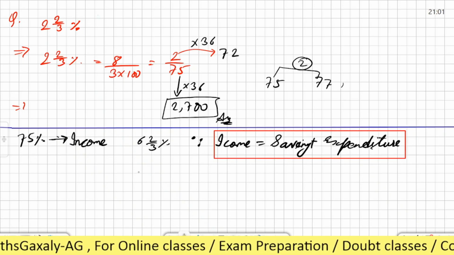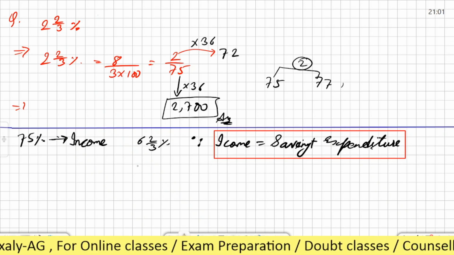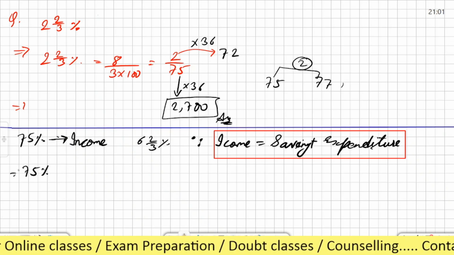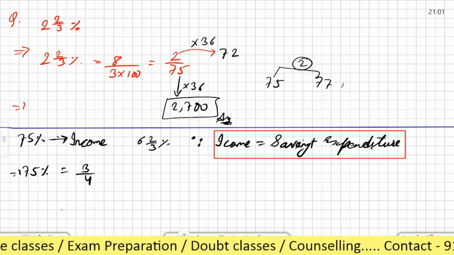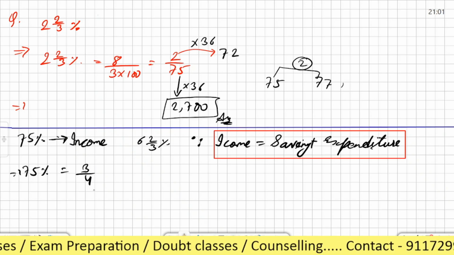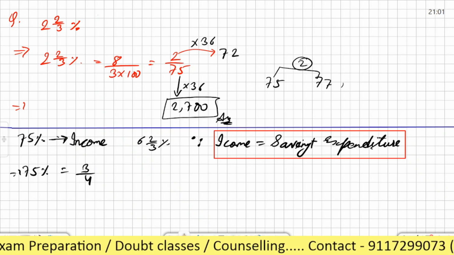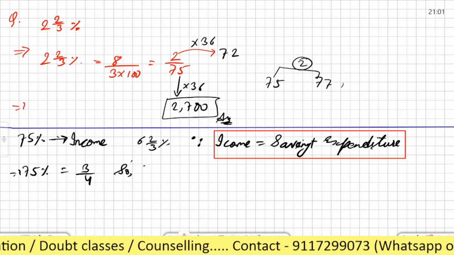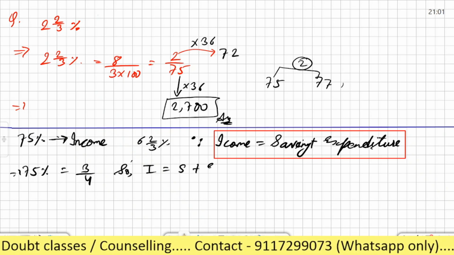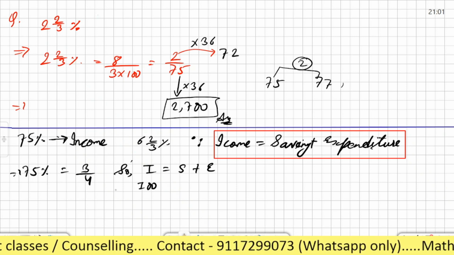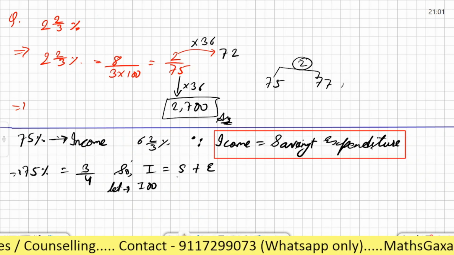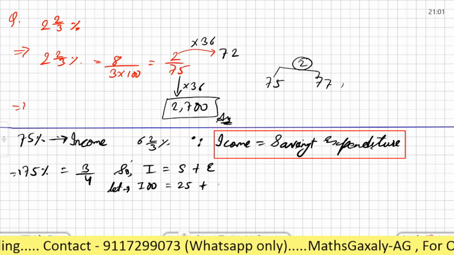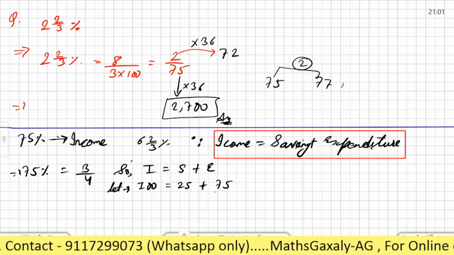Here it is saying a man spends 75% of his income. 75% of his income means 3 by 4; on 4 he spends 3. So income equals saving plus expenditure. Let income be 100, then saving will be 25 and expenditure will be 75.